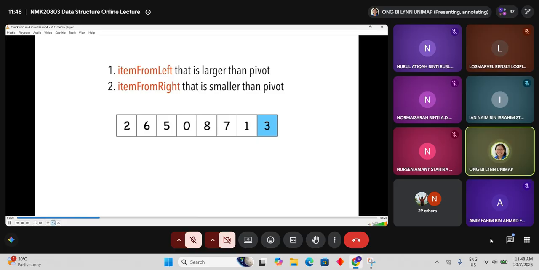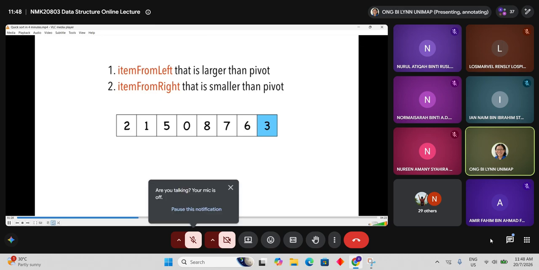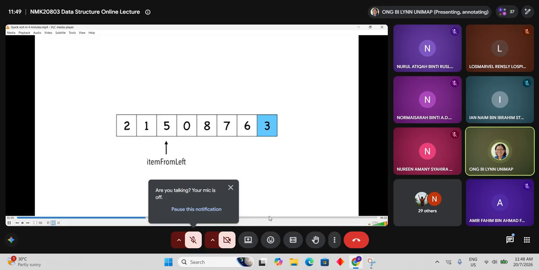Second, item from right, which is the first item starting from the right that is smaller than our pivot. Starting at 2, we can see that 6 is item from left. Now starting at the right, we see that 1 is item from right. Let's swap item from left with item from right. We repeat the process. This time, 5 is item from left and 0 is item from right.